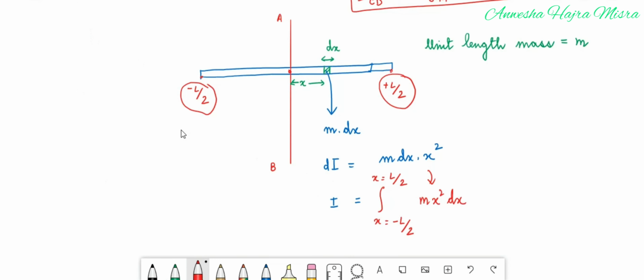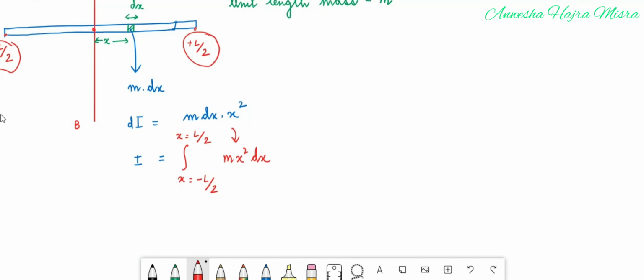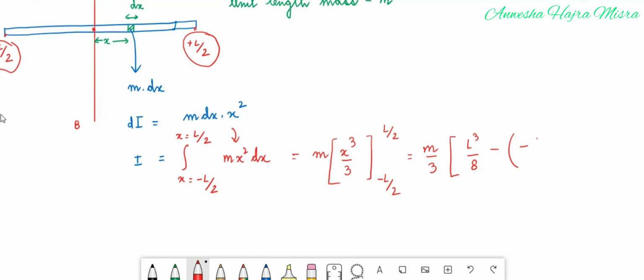Now if we integrate, this becomes m x cubed by 3 from minus L by 2 to plus L by 2. m by 3 upper limit L cubed by 8 minus of minus lower limit, so this becomes m by 3 into 2L cubed by 8. 2 fours are 8.